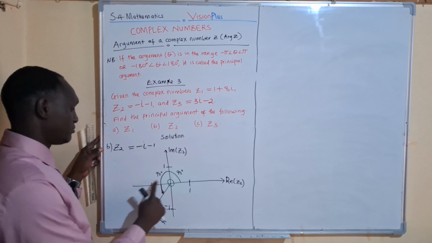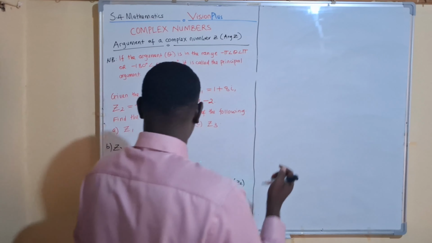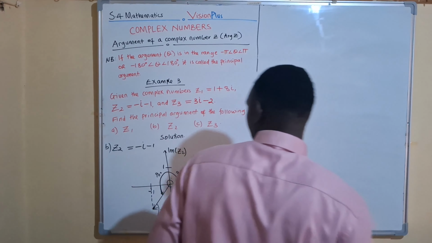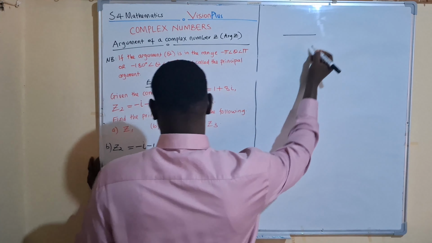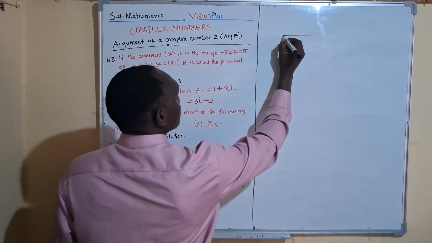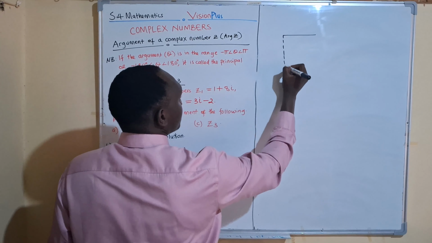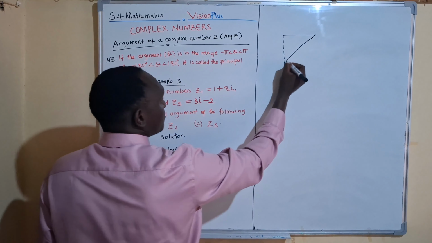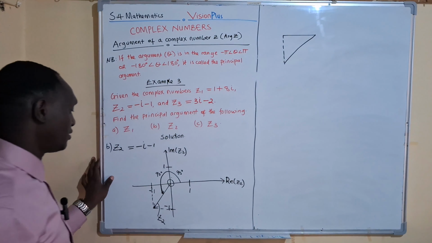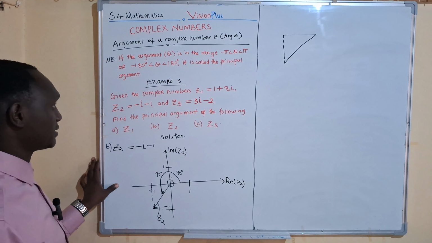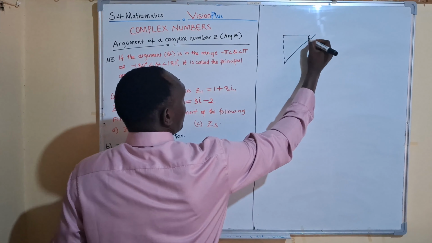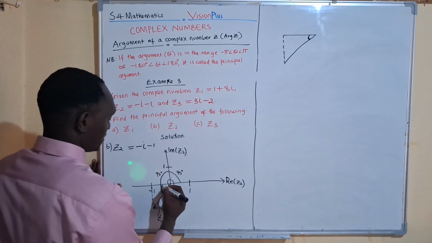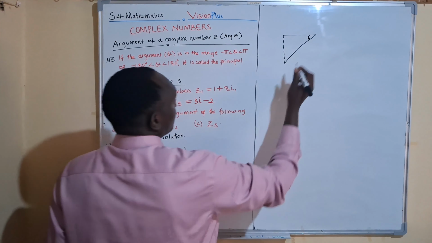So let me extrude this small triangle in that manner. The triangle looks like this: there is that straight line, vertically downward we have got a line, and then the hypotenuse in that manner. Use a ruler. So this is the small angle that we are looking for. You can call it anything.